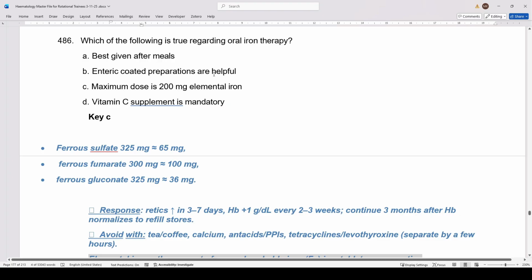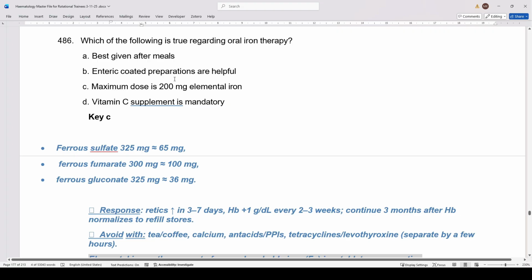Enteric coated tablets are not helpful, because until the coat is removed, the tablet will be maybe in the jejunum or ileum, and the absorption site is the duodenum. So enteric coated preparations are not helpful for the absorption of iron. Maximum dose is 200 milligram elemental iron. Yes, it is correct.